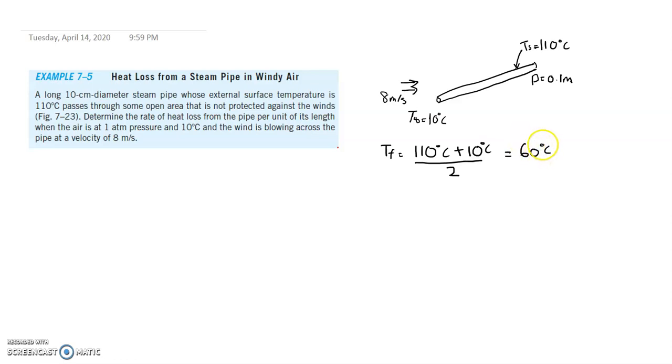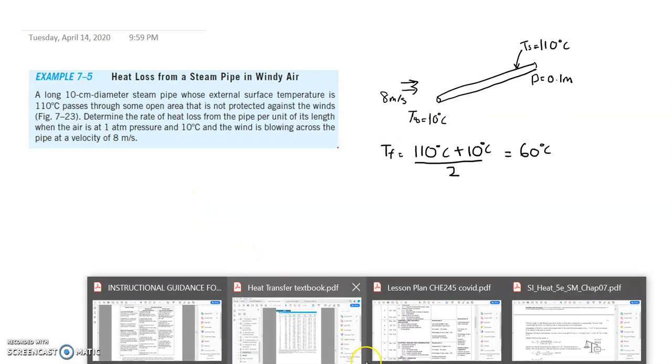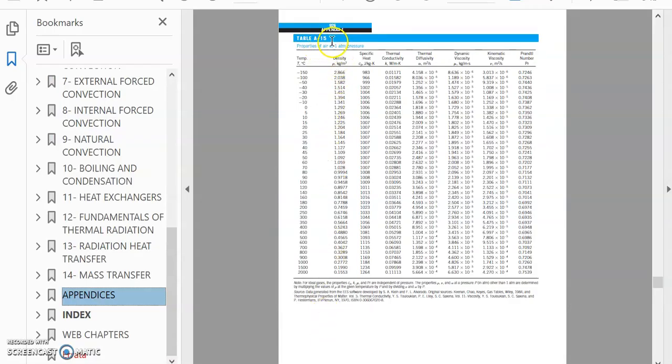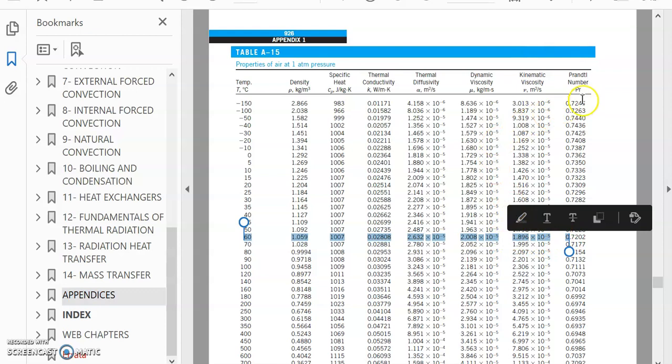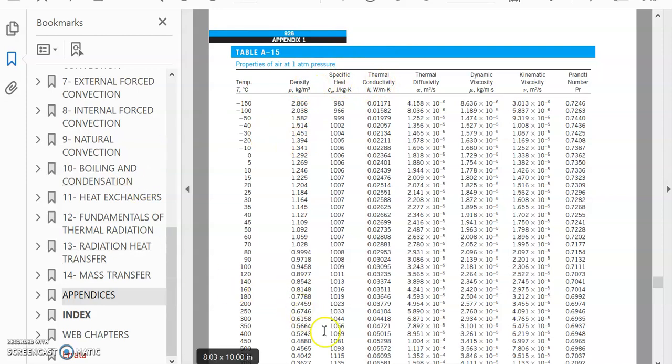So once you know this film temperature, you can look for the property values in the appendix. This is air, so we look at Table A.15, properties of air at 1 atm pressure, at 60 degrees Celsius. You can get your Prandtl number, kinematic viscosity, k, and your density.